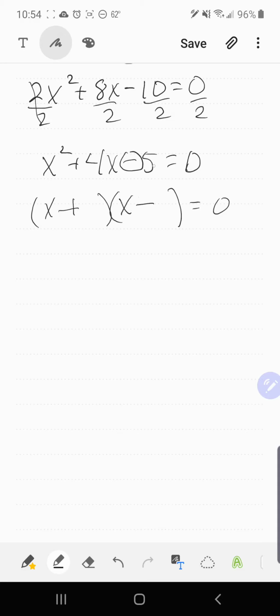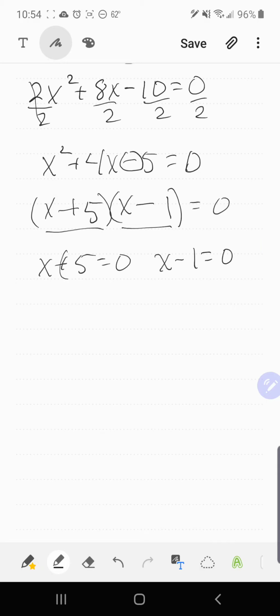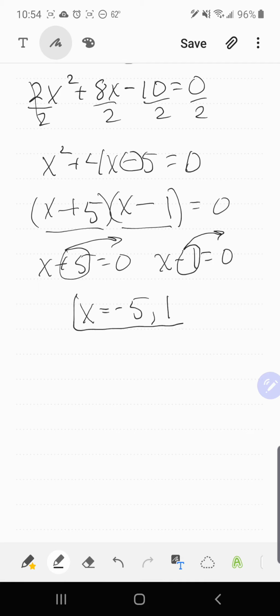Numbers that multiply to make 5 and subtract to make 4, that's going to be 5 and 1. And then I can set each factor equal to 0. Moving the 5 over gives me negative 5. Negative 1 comes over, makes positive 1. And so that gives me the answers for my x values.